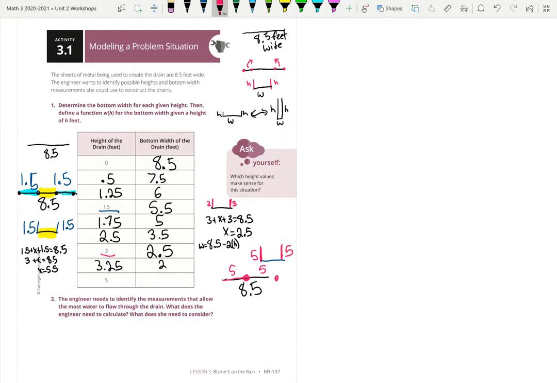So this is impossible. Again, if I were to plug it into this equation, W would be a negative value. Can height be negative? No. So there is no drain that is created because I cannot physically create a drain with 8.5 worth of material.